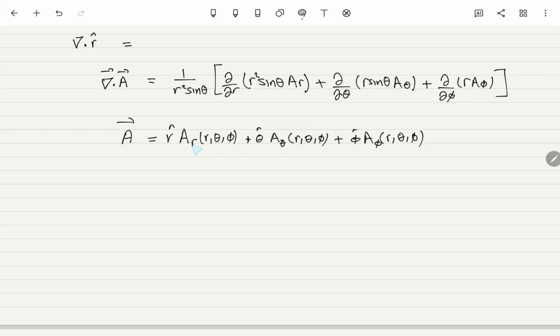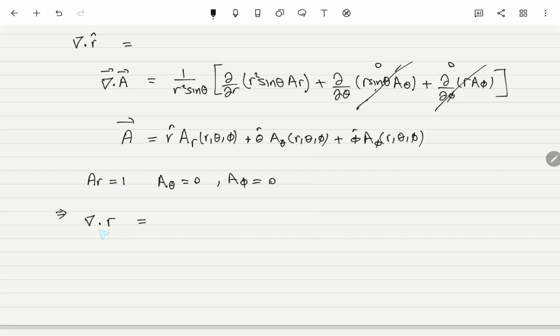We will see that A r is equal to 1. And since we are interested in r hat, no theta hat or phi hat whatsoever, A theta and A phi are equal to 0. Therefore, in the definition of the divergence, the theta part and the phi part are equal to 0, and A r is equal to 1.